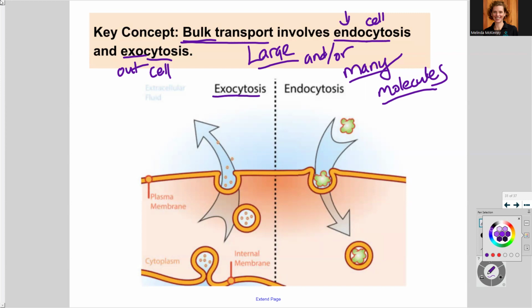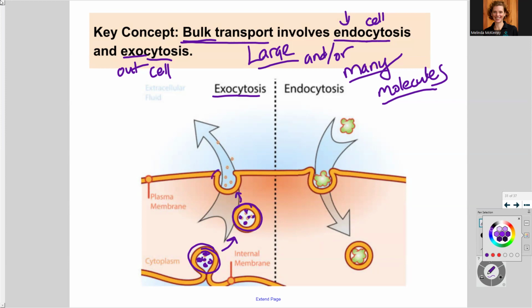So you've got down here some proteins that have been made. And here's a vesicle. Maybe they were made in the rough endoplasmic reticulum, and then they were modified in the Golgi apparatus, and then they're now going to be secreted. So it's moving in a vesicle, a membrane-bound compartment, and that compartment is moving toward the outside of the cell.